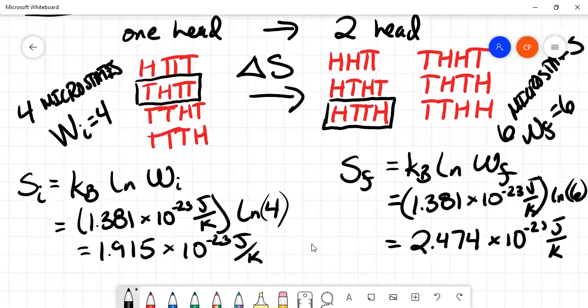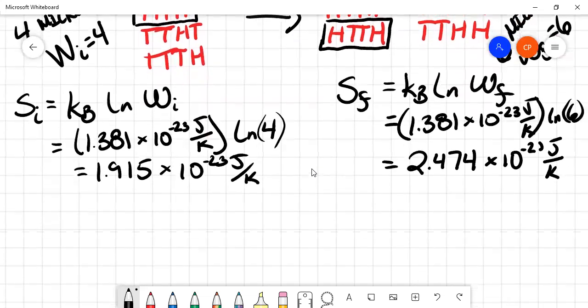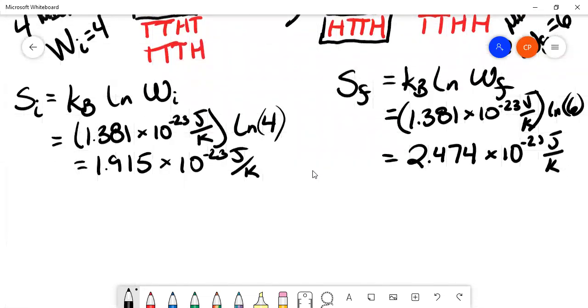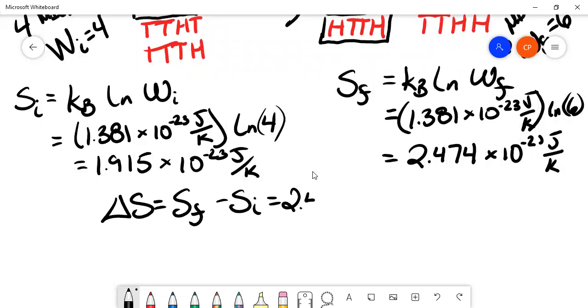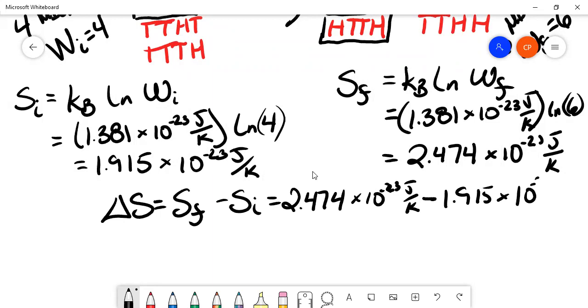Final entropy minus initial entropy in this story. So 2.474 times 10 to the minus 23rd joules per Kelvin minus 1.915 times 10 to the minus 23rd joules per Kelvin.